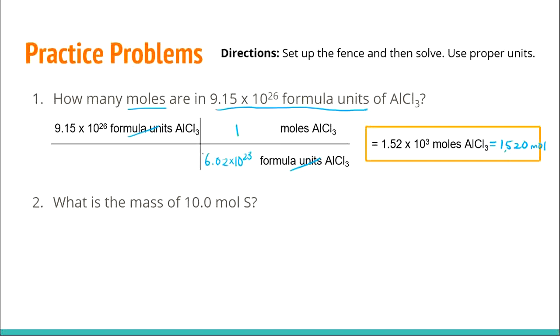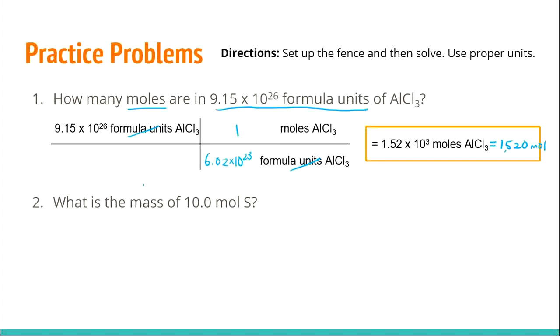Now, depending on the calculator that you're using, you have to remember to use parentheses in your denominator, or you may need to use the E function on your calculator, and we can talk more about that in class. And if you have questions about your own calculator, I can answer those questions for you, or I can help you with your calculator.